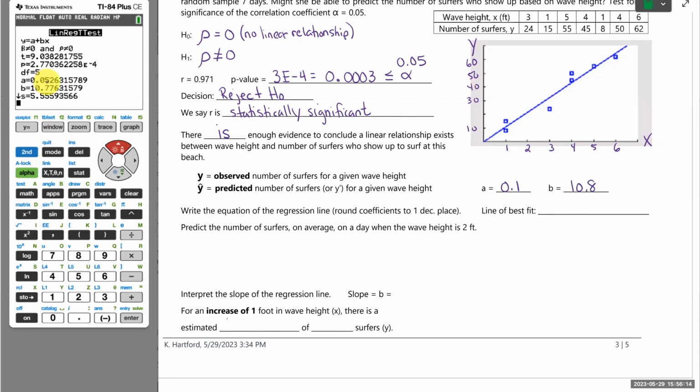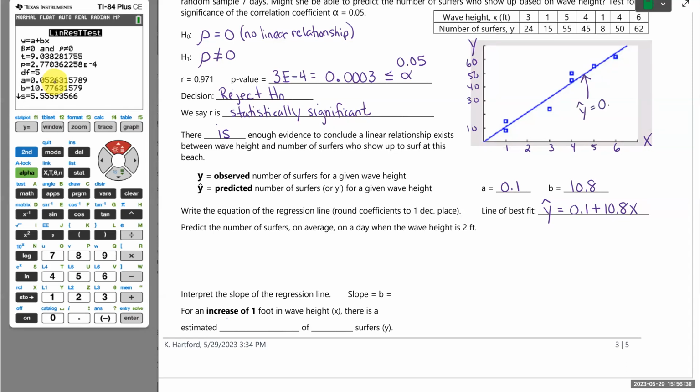So the equation of our line, also called the line of best fit, we'll use y hat, is y hat equals 0.1 plus 10.8 times x.